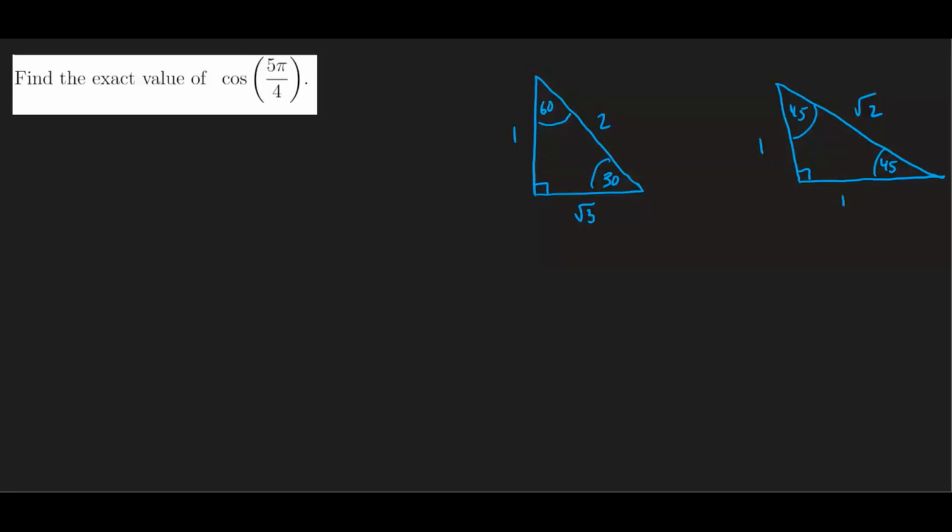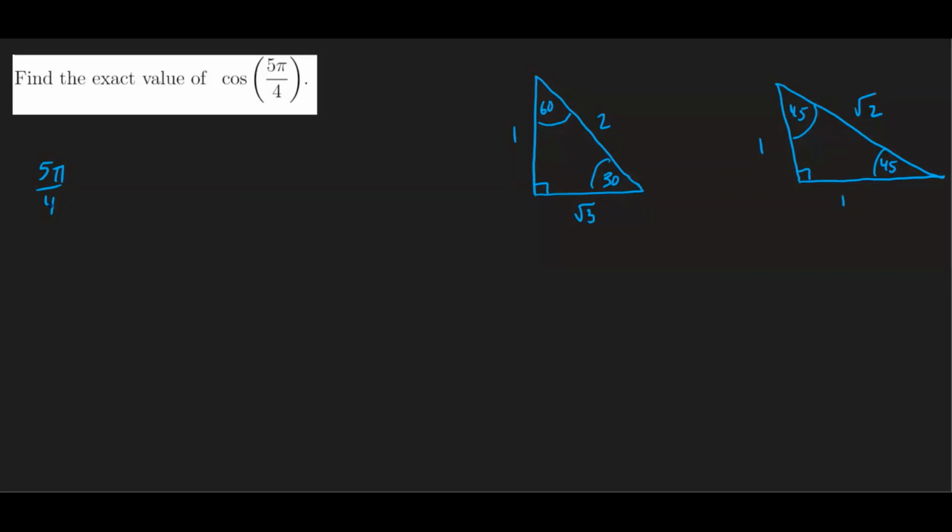All right, so back to our first example. We want to know the exact value for cosine of 5 pi over 4. The first thing you want to do is draw where 5 pi over 4 is. You could convert 5 pi over 4 into degrees to know its measurement, or you can just rewrite it and draw the measure in radians, that's also fine.